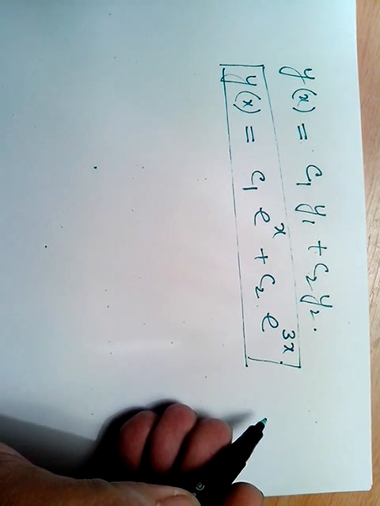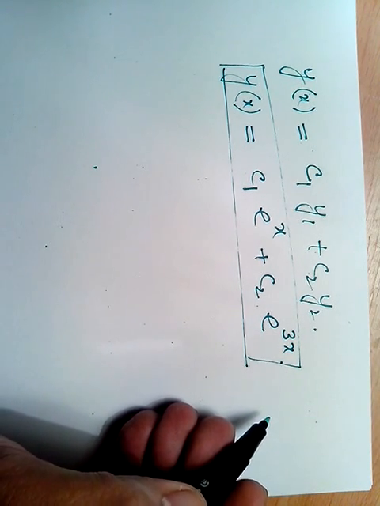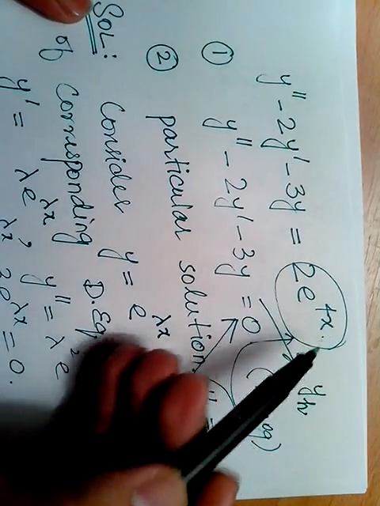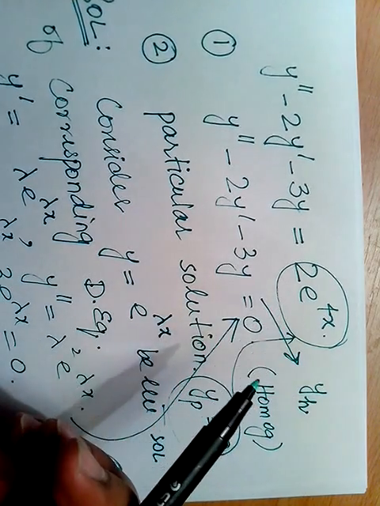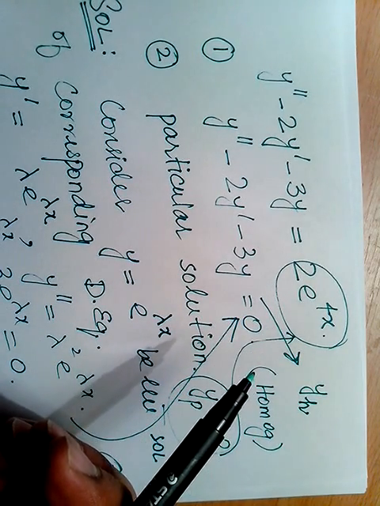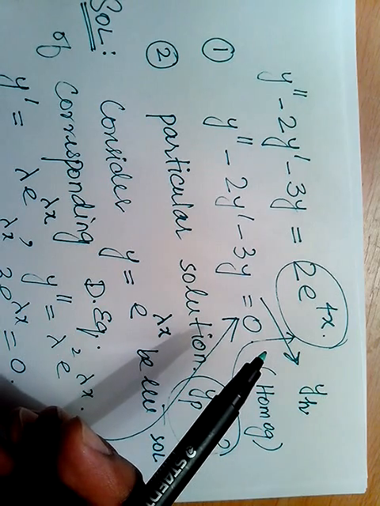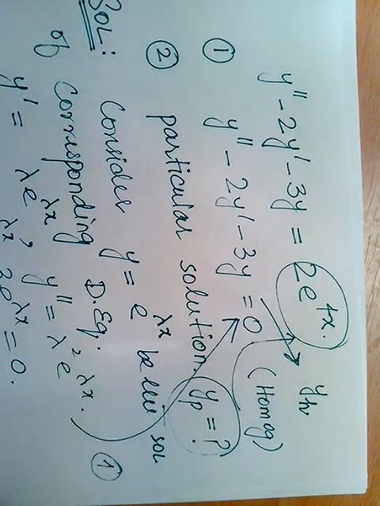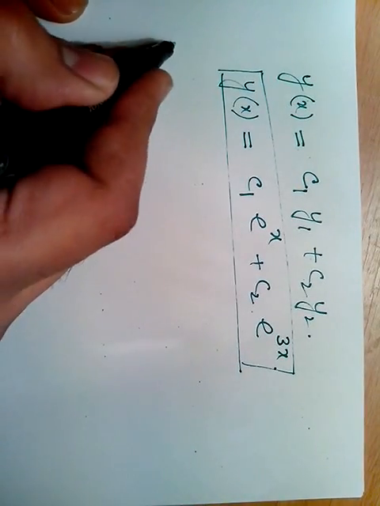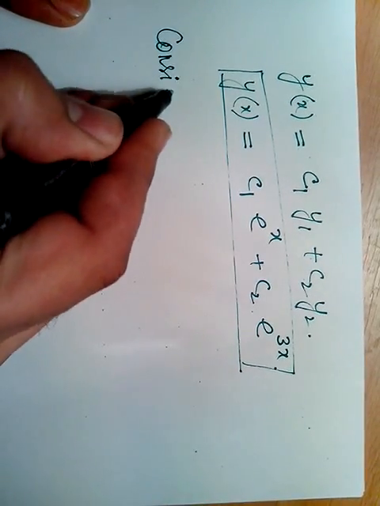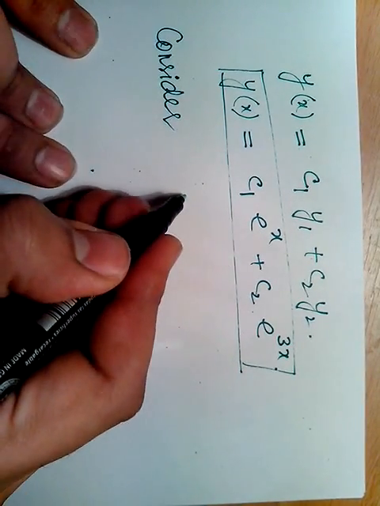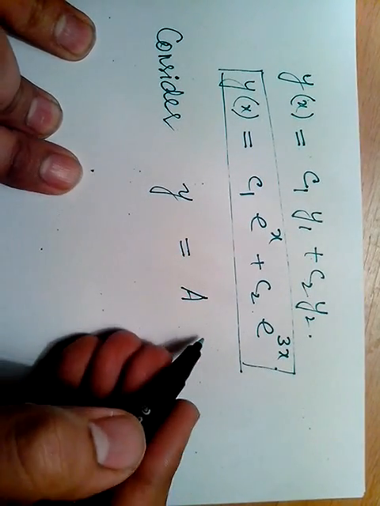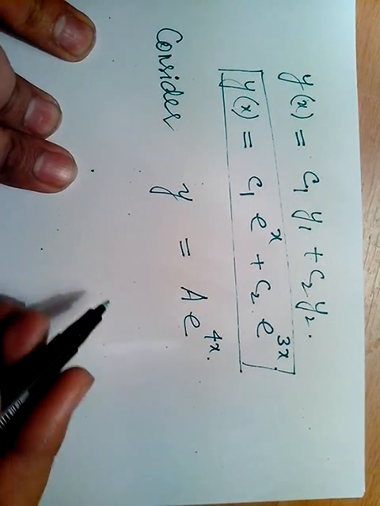Now we need to find the particular solution, which means we have to find the solution for the right hand side. Because on the right hand side we have the exponential function e raised to power 4x, we consider the particular solution to be of type a times e raised to power 4x, where a is any constant. Why do we consider this?